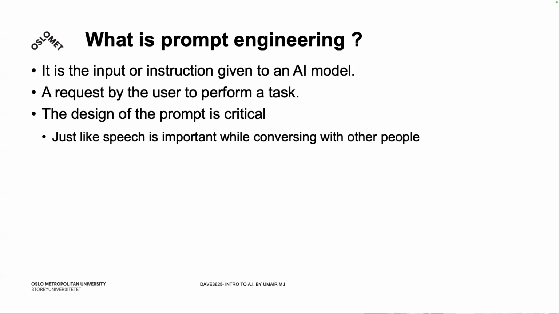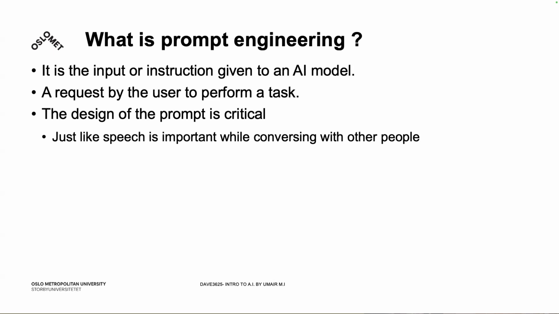So there are multiple ways I can communicate, but I also need to keep in mind how you as a person would interpret what I'm saying. So speech is very important because you want the other person to understand what you are trying to say. That defines the standard of effective communication and how you want your message to be displayed to the other person.